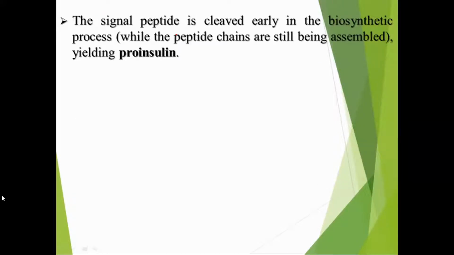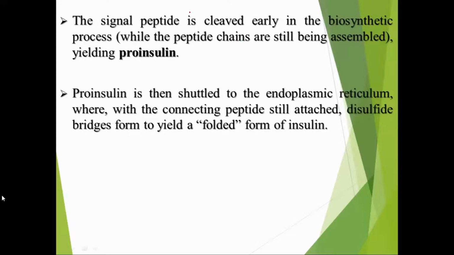The signal peptide is clipped early in the biosynthetic process, while the peptide chains are still being assembled, which yields proinsulin. The proinsulin is then brought to the endoplasmic reticulum, where, with the connecting peptide still attached, the disulfide bridges form to yield the folded form of insulin.